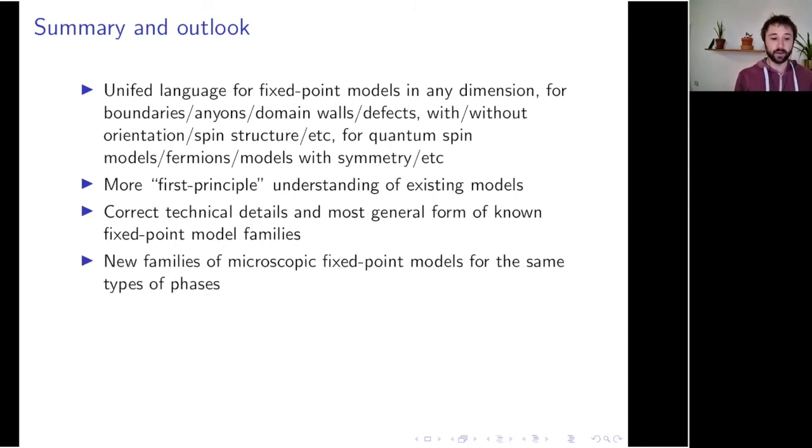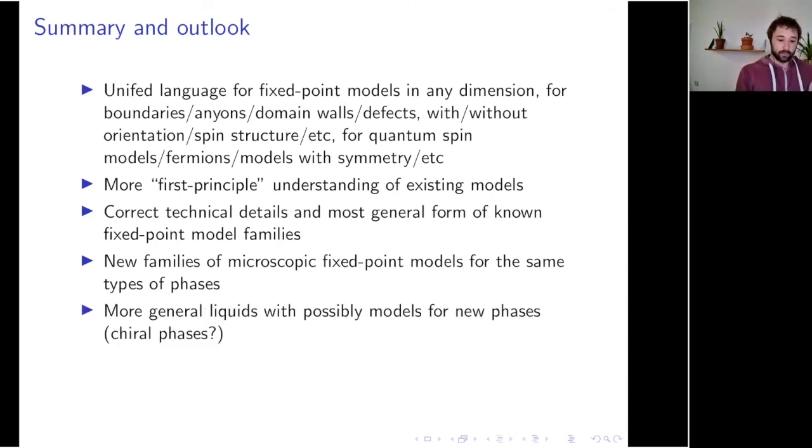And on a practical level, what's probably the most useful about this formalism is that you can systematically construct new families of microscopic models, and even if they might describe the same phases, they might be useful for practical purposes, such as error correction, or if you want to engineer them in the real world with a given set of components.